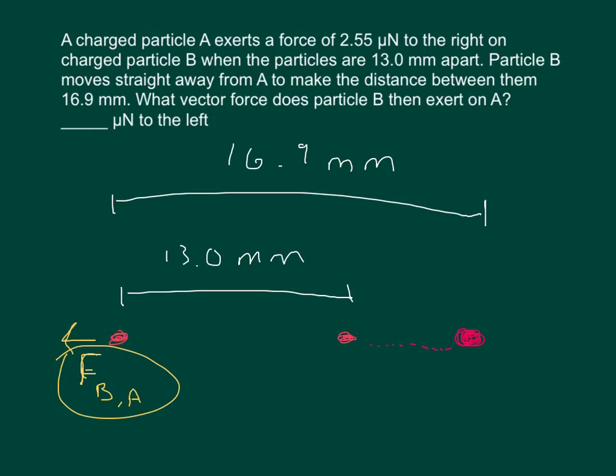So in this problem we have what seems like two unknowns. So we have a force 1 at 13 millimeters. So this is the force 1 of A to B, and it's equal to 2.55 micronewtons.